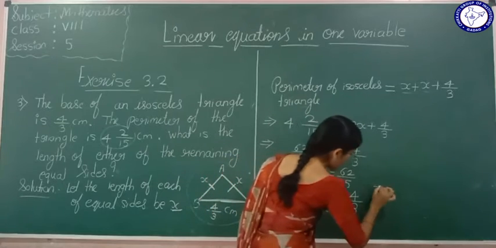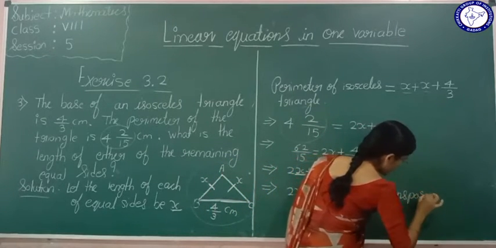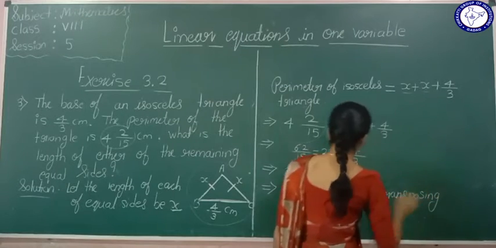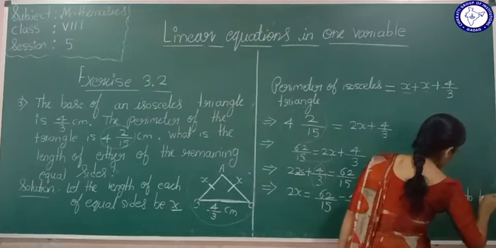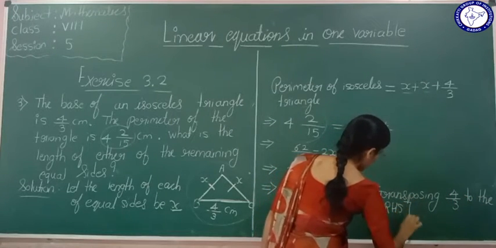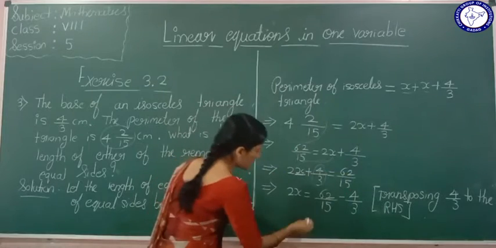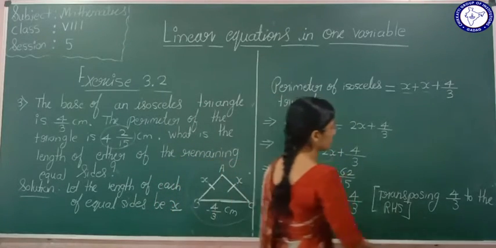The reason is transposing 4 by 3 to the RHS. See here, what is the LCM of 15 and 3?